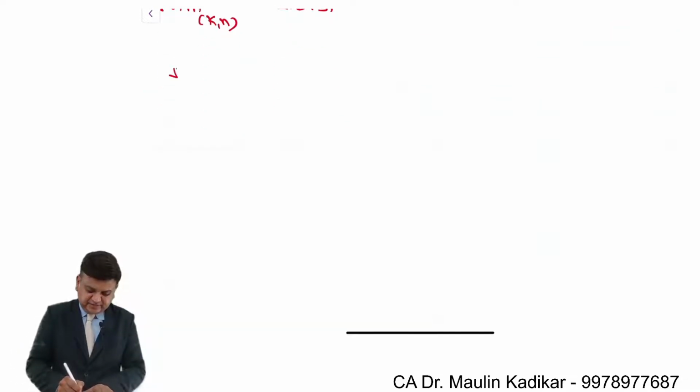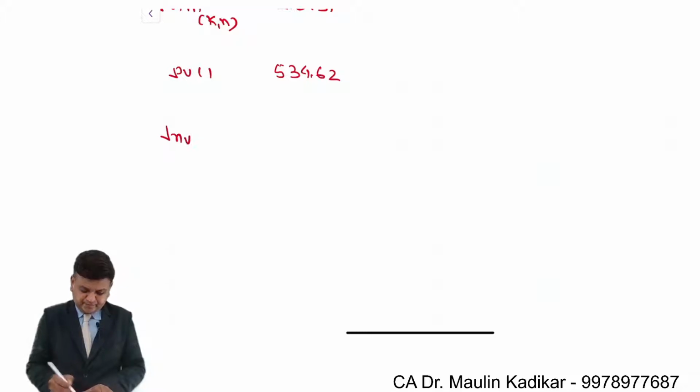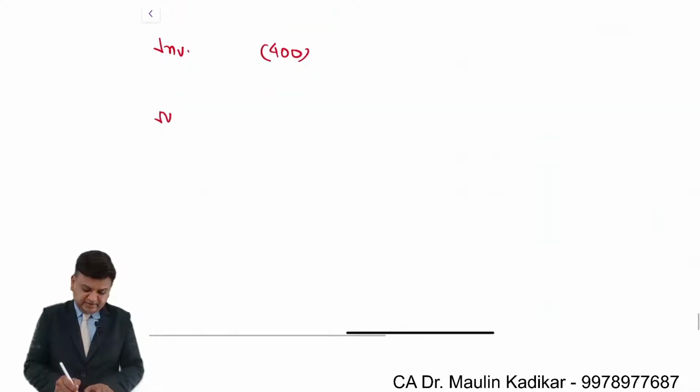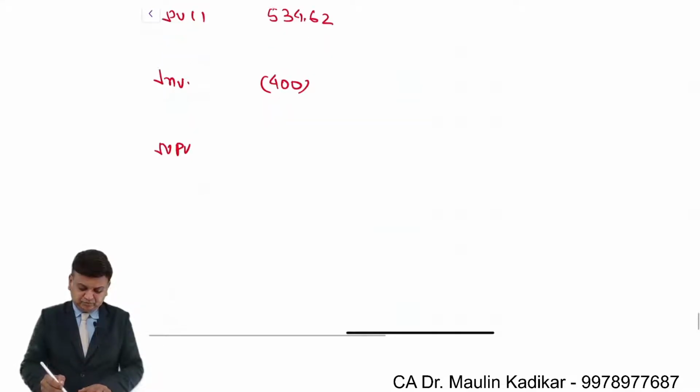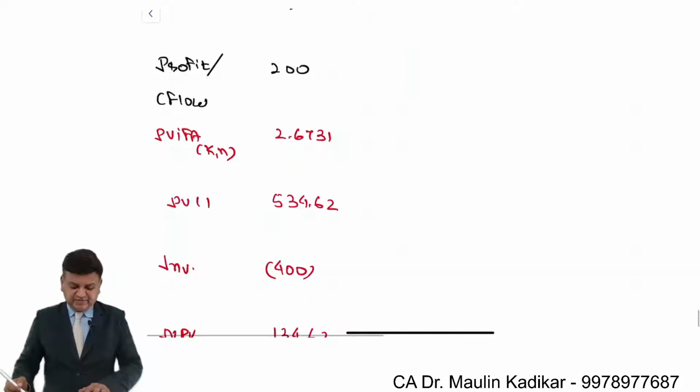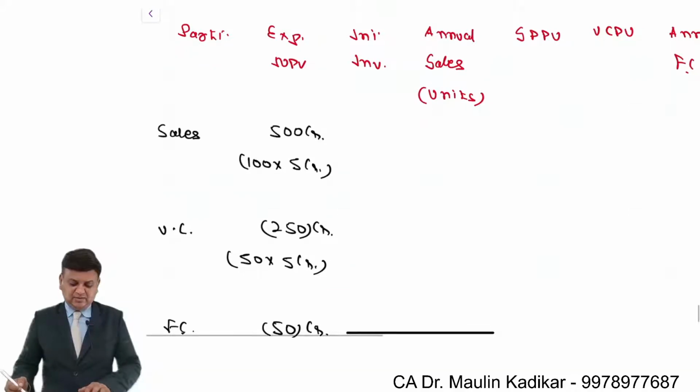So present value of the cash inflow is 534.62. Amount of investment is 400 crore and NPV is 134.62 crore. This is the way we compute the expected NPV.